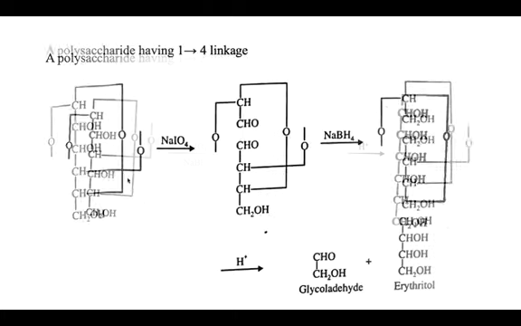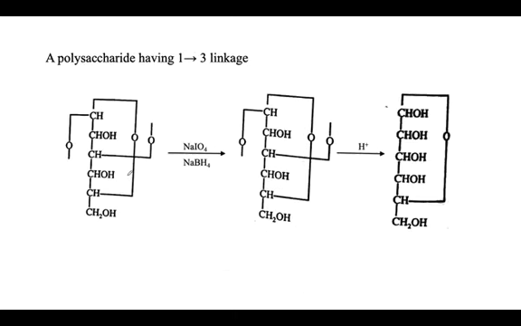Now, when we move to the 1-3 type of linkage, we can say that there are no hydroxy groups on adjacent carbons. There is a hydroxy group at carbon 2, there is no hydroxy group at carbon 3 because that is linked, then there is a hydroxy group at carbon 4, and then a hydroxy group at carbon 6. So no two adjacent carbons are bearing hydroxy groups.